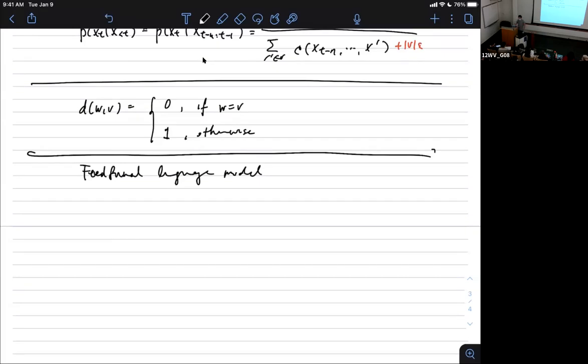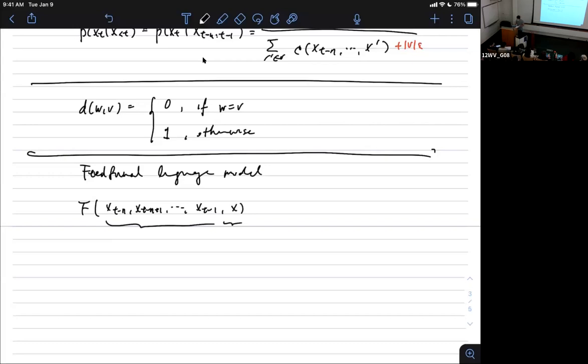And how do we make the text classifier? We need to define some parameterization of it. That's going to take as input x_{t-n}, x_{t-n+1}, all the way to x_{t-1}, and the possible word that follows the input. And then what it does is just compute the score.